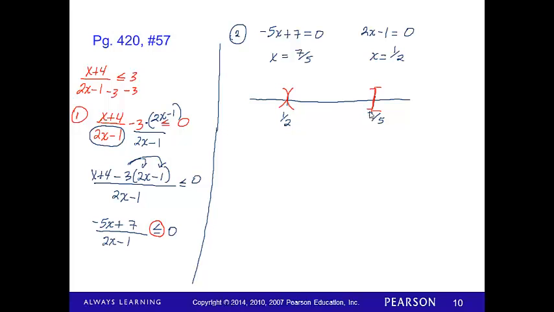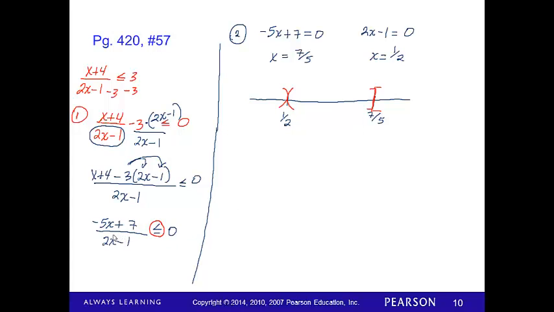Okay, so let me repeat that. When you set your numerator equal to 0, to determine if it is a parentheses or bracket, you look at the inequality sign. This one says less than or equal to. Because it has equality, we use brackets. One facing to the left, one facing to the right.